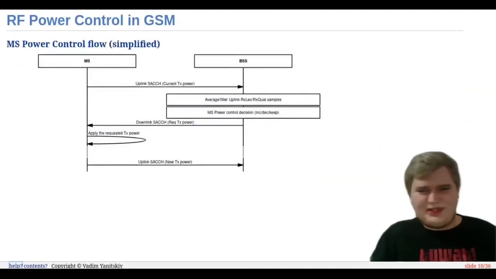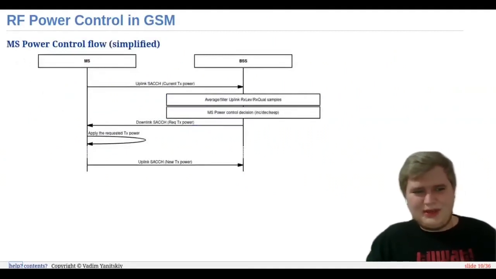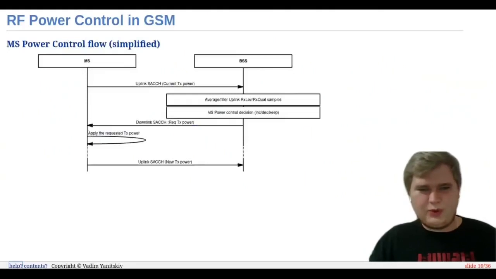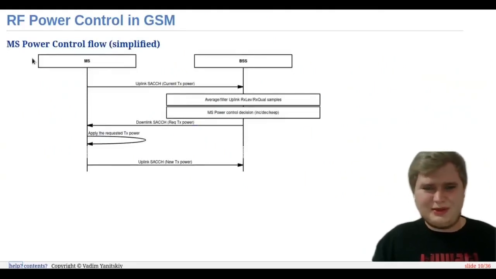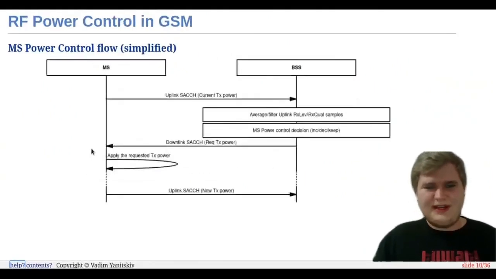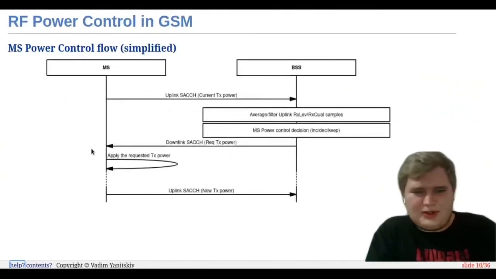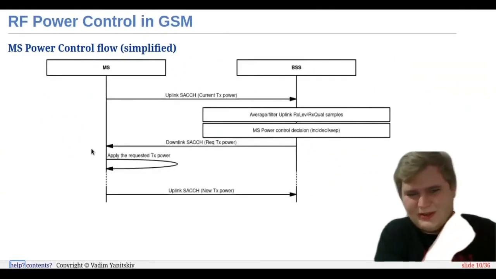And this is how the MS power control loop flow looks like. I can make it a bit bigger for some time. So initially the MS periodically sends uplink such blocks. That's a slow associated control channel where it indicates the current transmit power level.